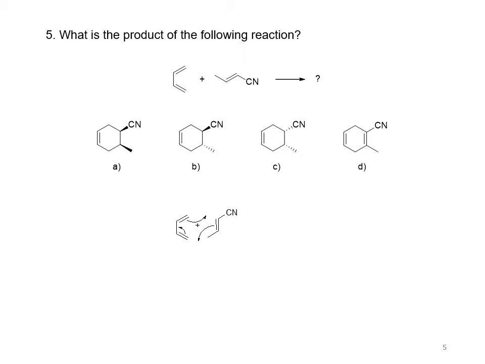Note that in dienophile, the alkene, 2 substituents are trans. That means that in the product, 2 substituents will also be trans. They will be trans relative to each other in the ring. So it's trans product. And so you match the product with 4 possible answers, and you can see it matches answer B, so correct answer is B.